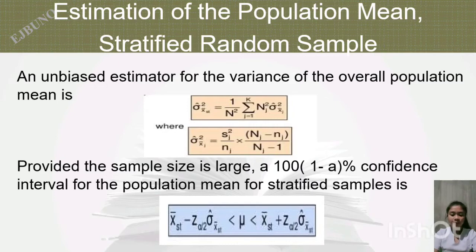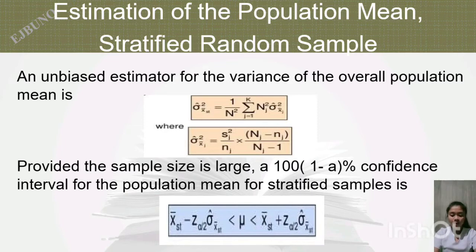An unbiased estimator for the variance of the overall population mean is: the variance of the overall population mean is equal to 1 over N squared times the summation of the product of N squared sub j and sigma squared of the sample mean sub j, where the variance is equal to s squared sub j over n sub j times N sub j minus n sub j over N sub j minus 1.